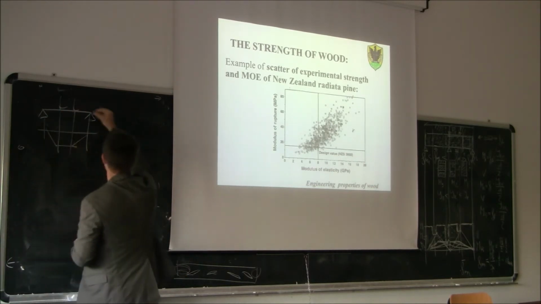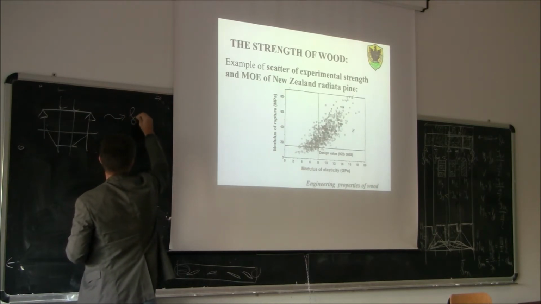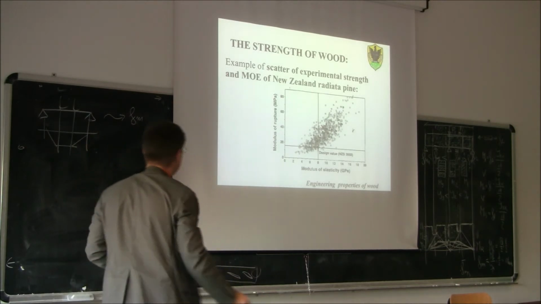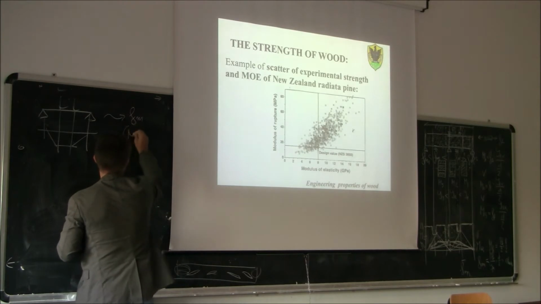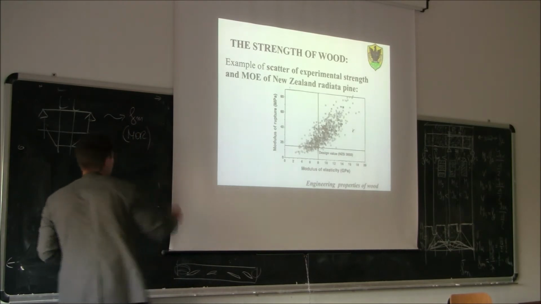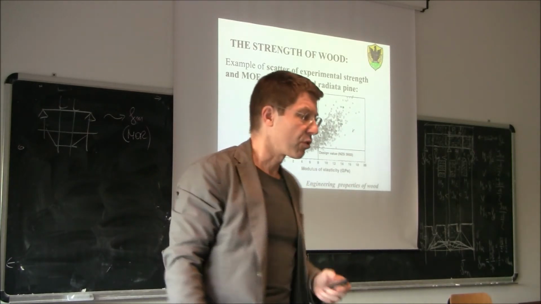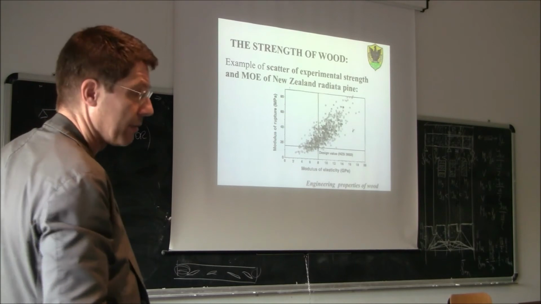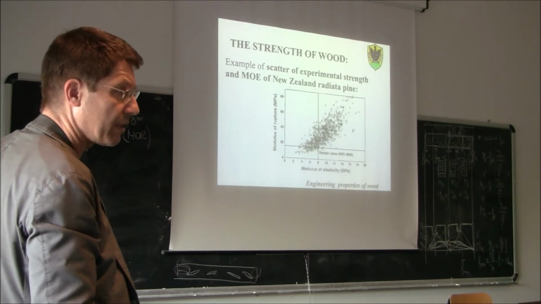We increase the load, and we want to calculate the f_m, the bending strength that we saw before. In this case, as I said before, in New Zealand it's called modulus of rupture, which is exactly the same as our bending strength. So for each piece of wood, we calculate the bending strength, and then we calculate the modulus of elasticity.